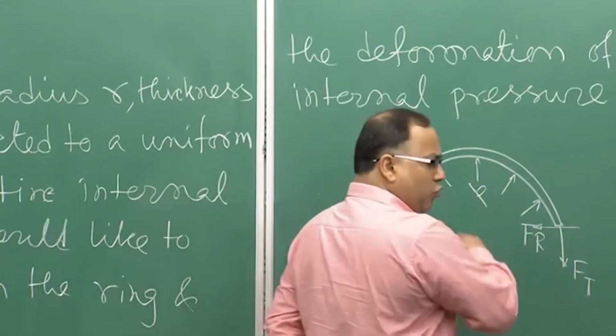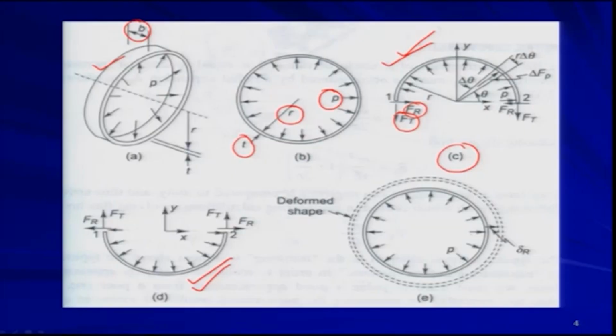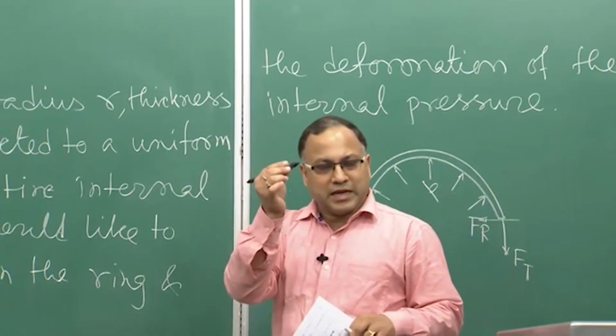Now, if you look at this figure, when you are considering the lower half, then also this internal pressure will be getting balanced by these forces, as already we have decided. So, this is point 1, this is point 2. At point 1, if you look at the upper half, Ft is tensile in nature, right.